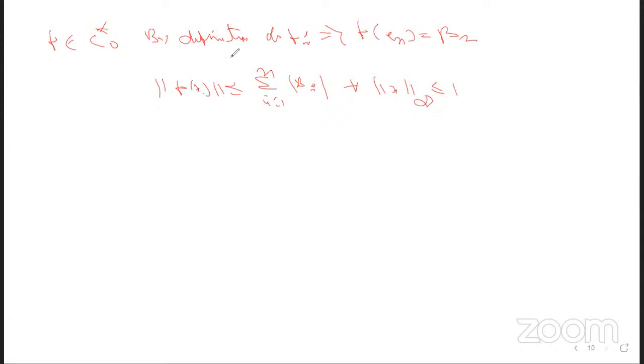Hence it follows that the norm of f is less than or equal to sigma i equal to 1 to n mod beta i, that equals the norm of beta i, that equals norm T of f.